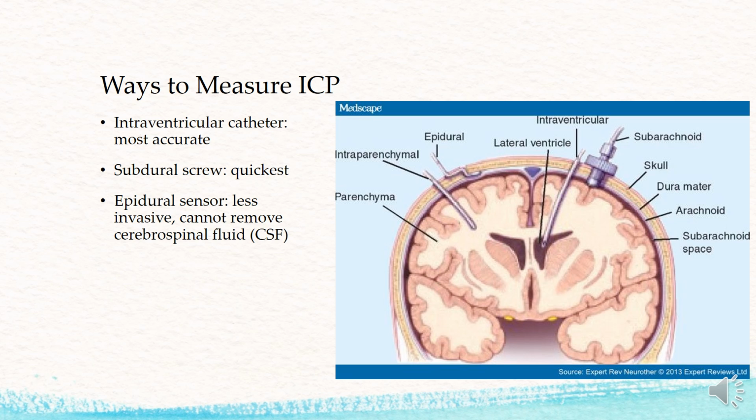If you find that I'm wrong later, please correct me, but I do believe that one is capable of removing some cerebrospinal fluid. The subdural screw is the quickest, but you can see where that's located, or here it says subarachnoid. That's not going to be able to remove any fluid, but it would be the quickest. The epidural sensor is less invasive, but a drawback here is we cannot use it to remove cerebrospinal fluid.